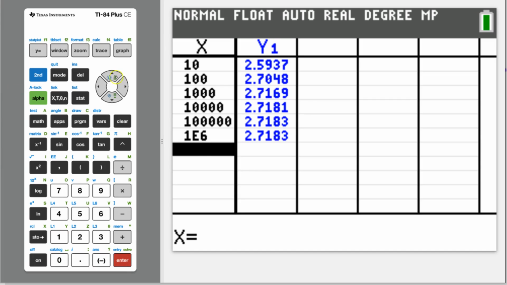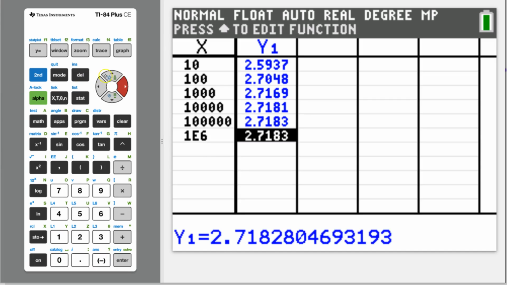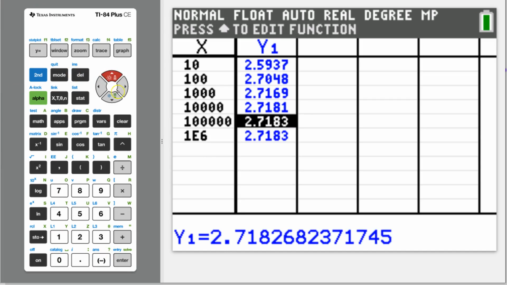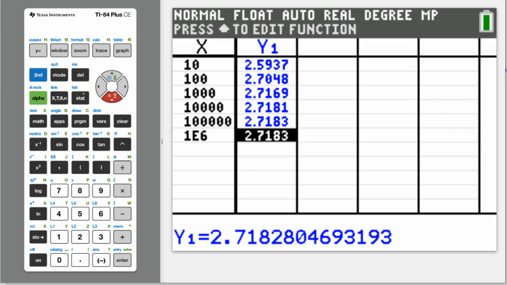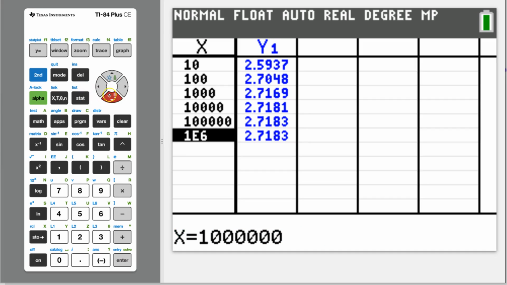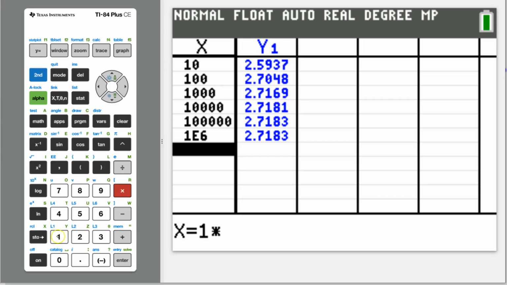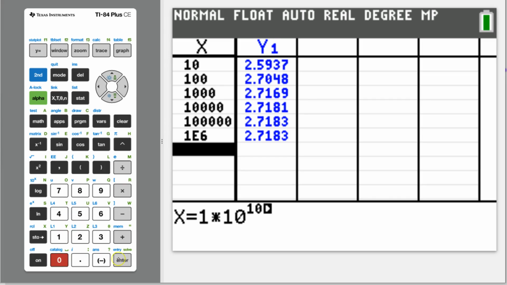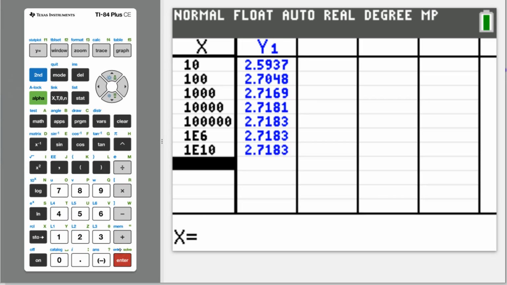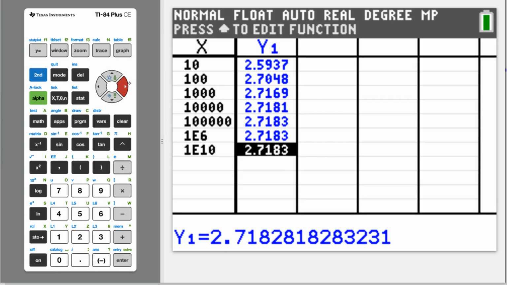In the table, those two y values might look alike, but actually, they're slightly different. They have very, very small change. So what's happening? As the value of x gets larger and larger, how about 1 times 10 to the 10th power? We are getting a number, we're kind of encroaching on this number, 2.71828 blah, blah, blah, blah, blah.